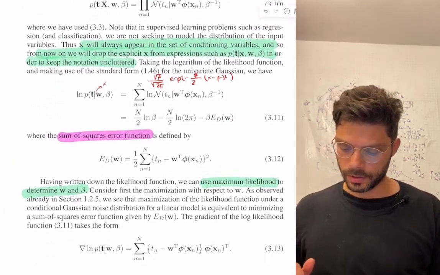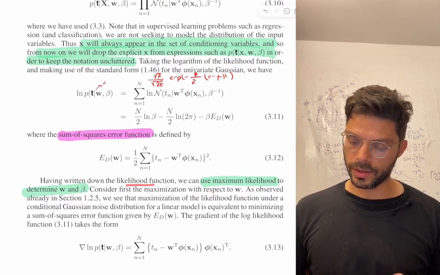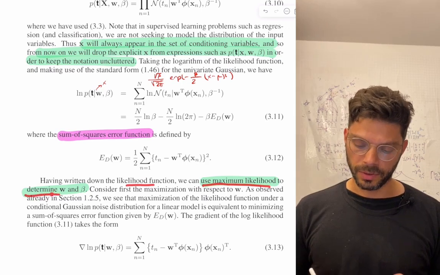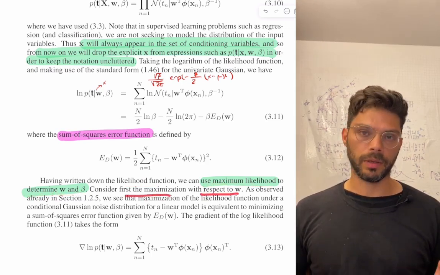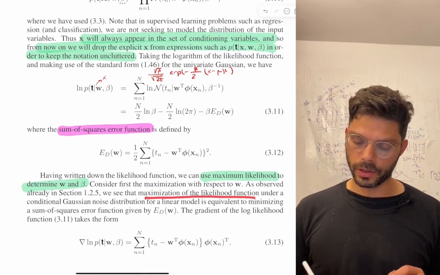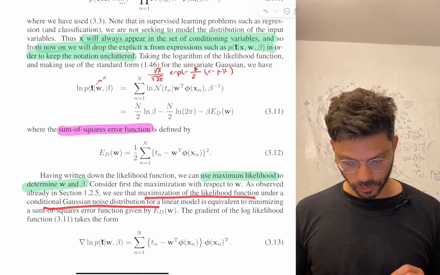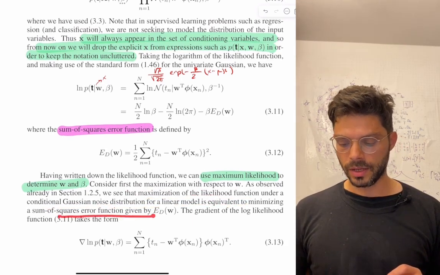So let's do that. Having written down the likelihood function, we can use maximum likelihood to determine W and beta. Consider first the maximization with respect to W. As observed already, the maximization of the likelihood function under a conditional Gaussian noise distribution for a linear model is equivalent to minimizing a sum of squares error function.